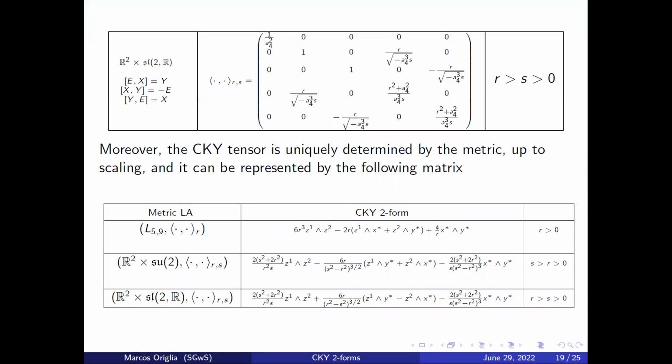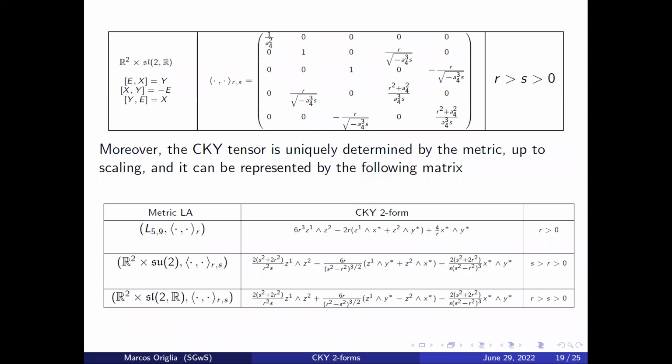And moreover, again, as I said, the conformal Killing 2-form is uniquely determined by the metric, right? So there are a lot of possibilities for metrics for those 3 Lie algebras to admit these tensors, but if you fix the metric, there is only one, up to scaling.